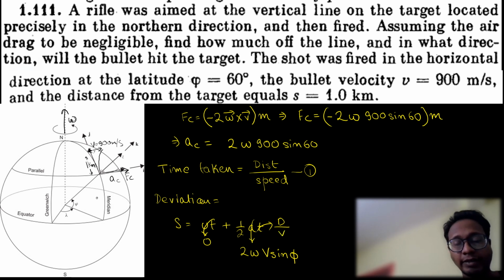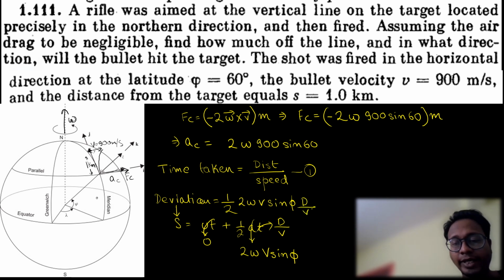So deviation, or s, is nothing but the deviation out here. Deviation is equal to half, I'm simply writing this formula, substituting everything: half into 2 omega v sine phi into d by v.